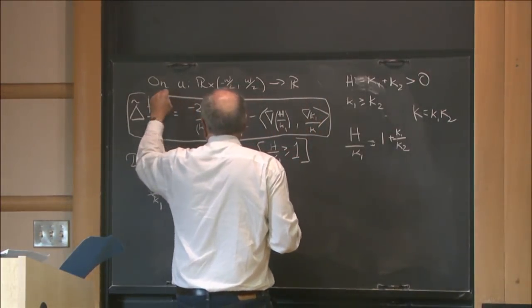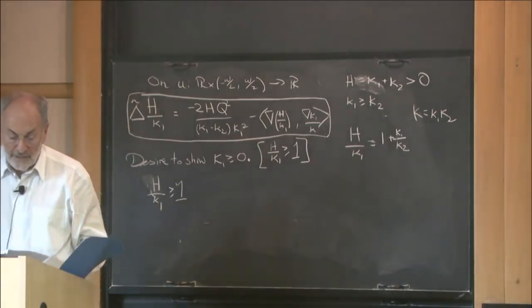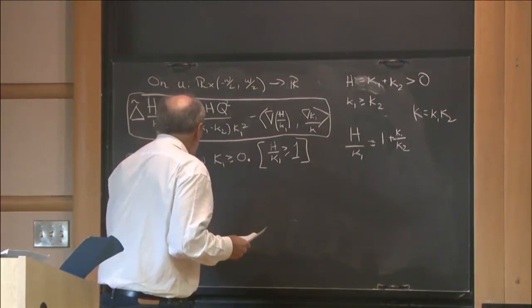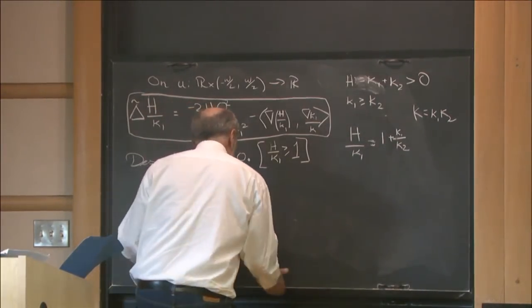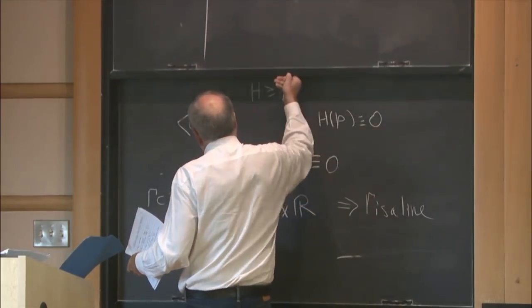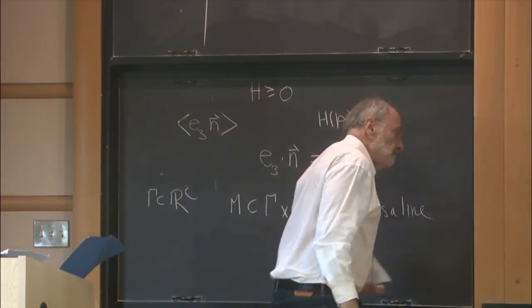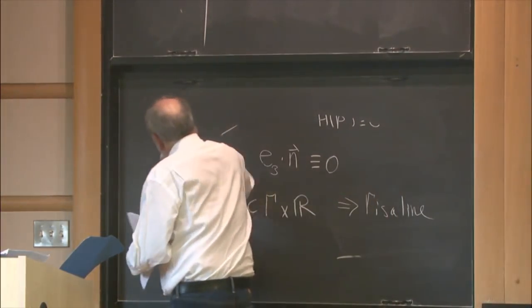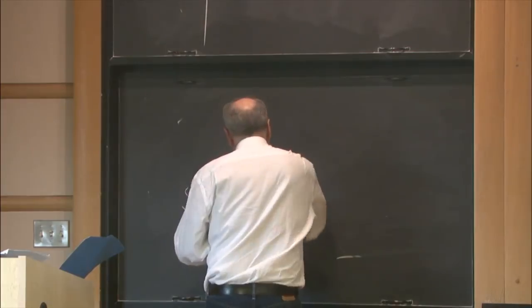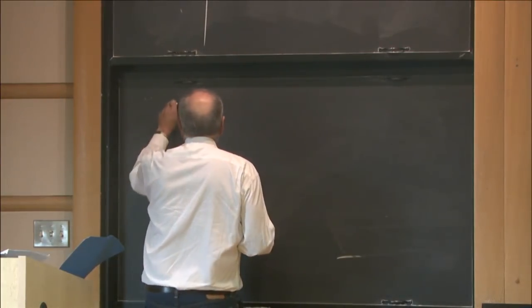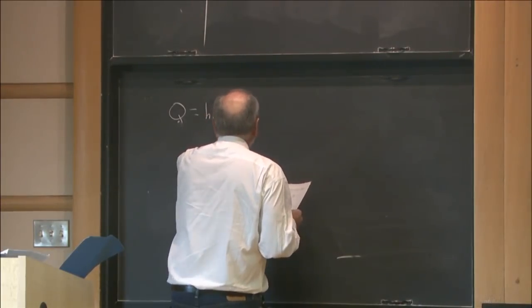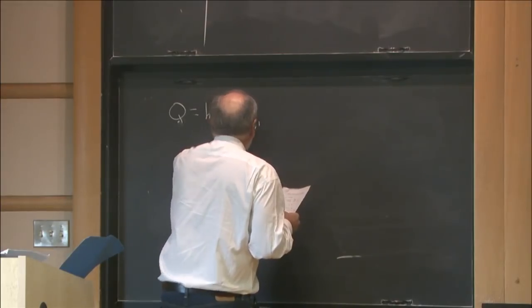the PDE satisfied by that quantity. So I have to tell you what Q is. H2 is H112 squared plus H221 squared.